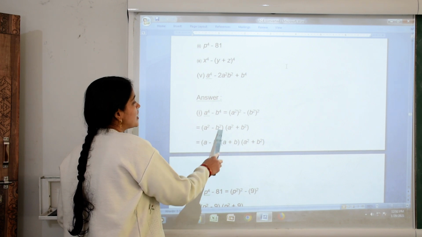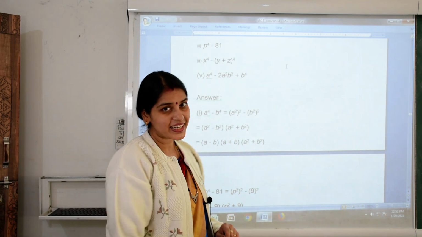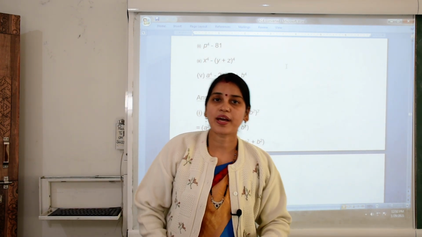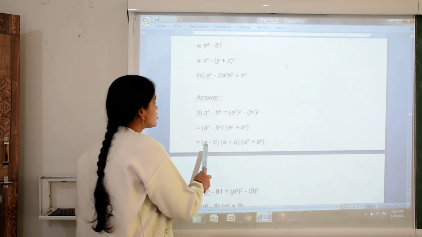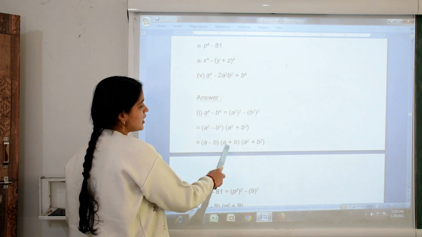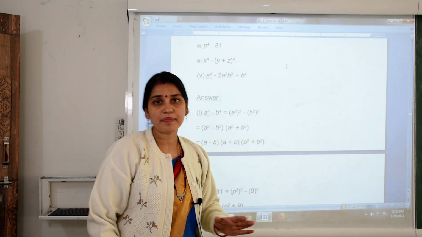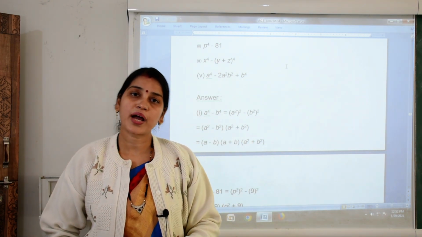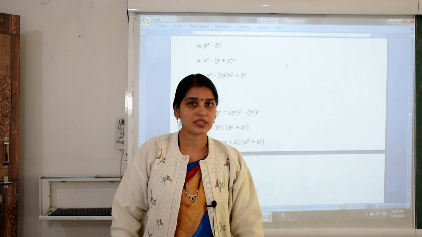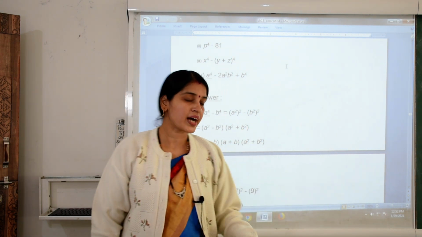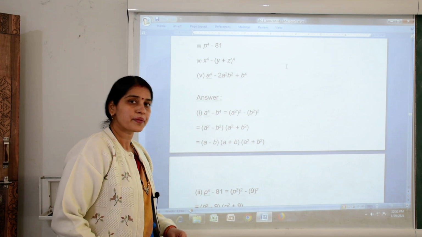But this one again is in the form of the identity a square minus b square. So we write a minus b into a plus b, and the second bracket a square plus b square we write as it is because there is no such identity. So this is our answer.